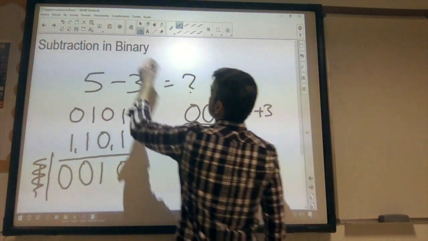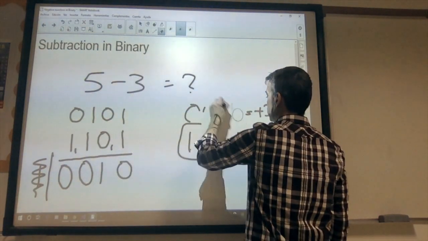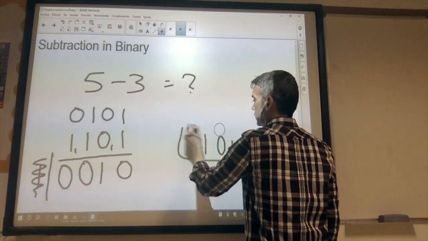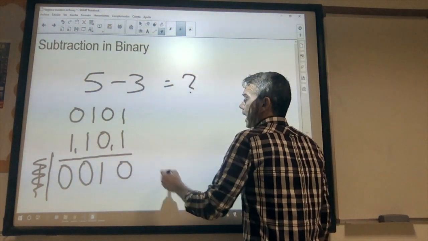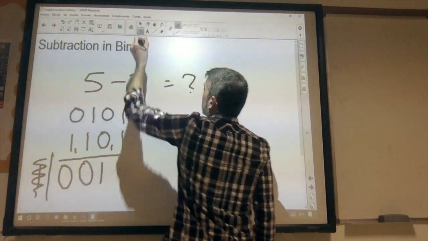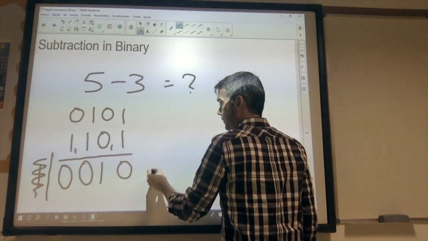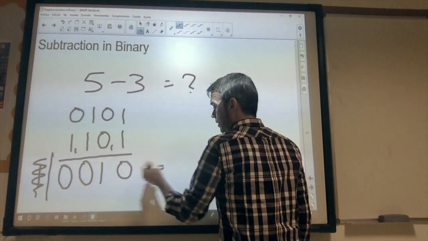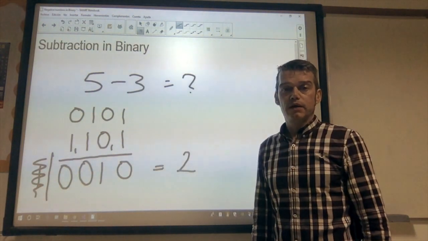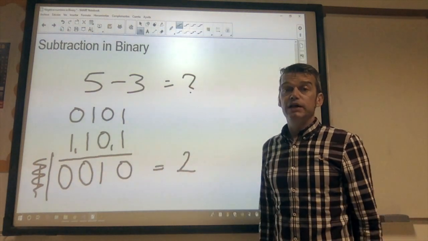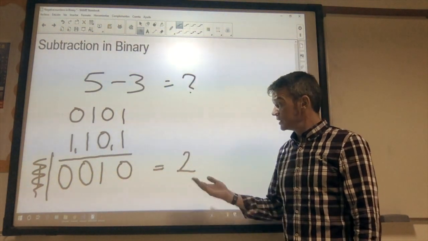Now I'll erase this working space. And we should have the correct answer, which is 2. 5 minus 3, we know, is 2.